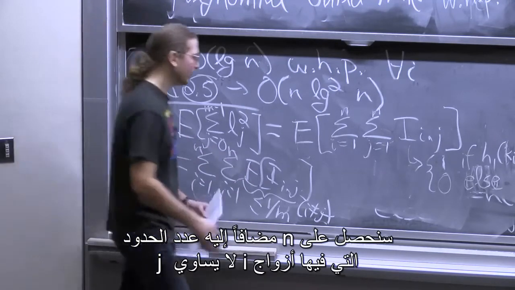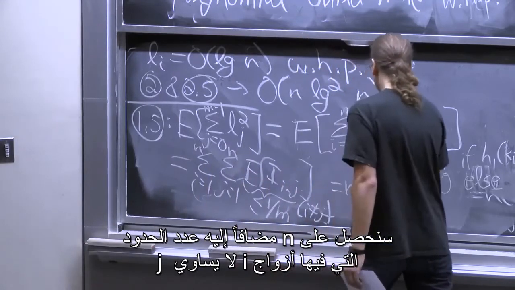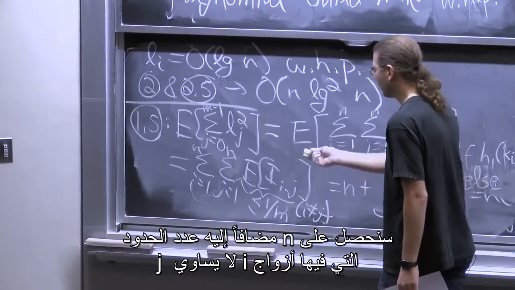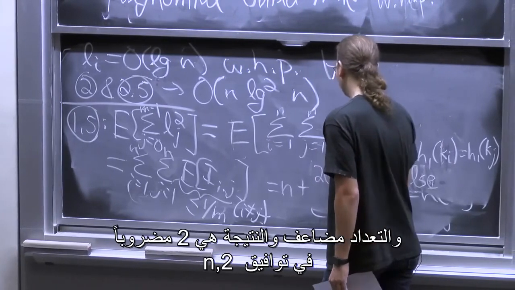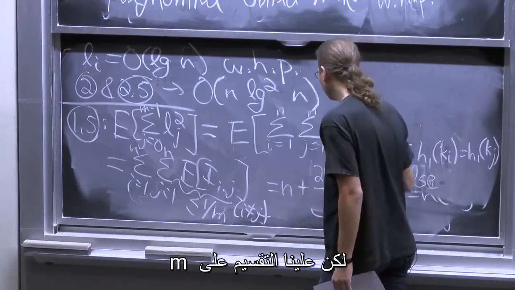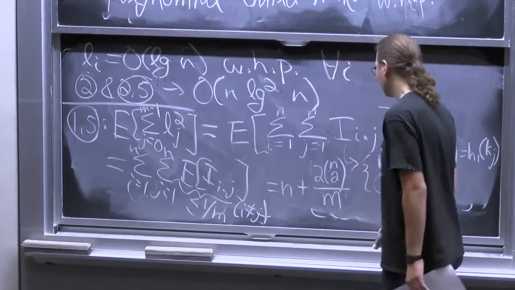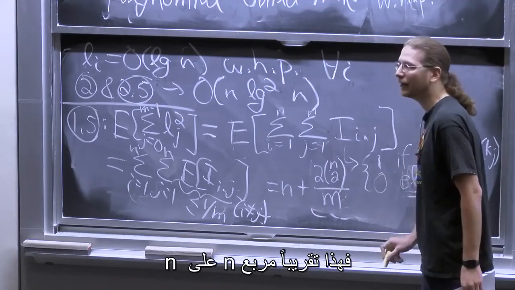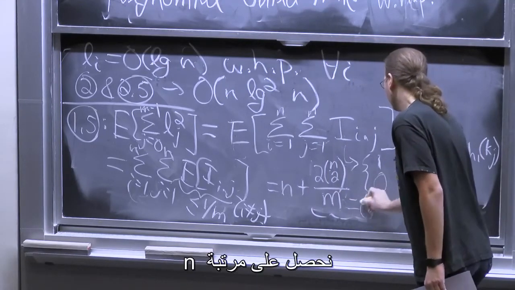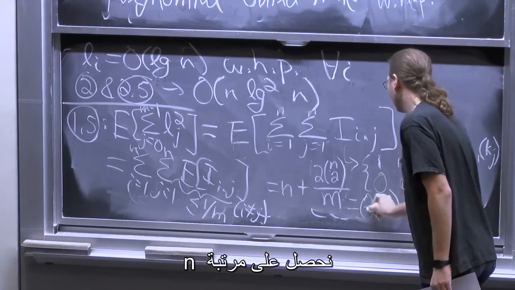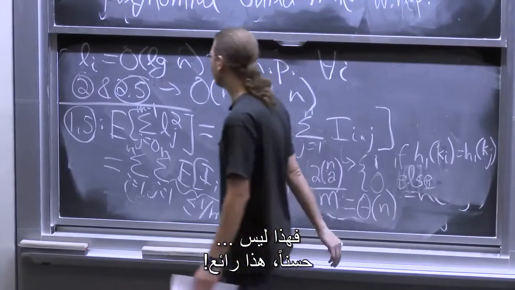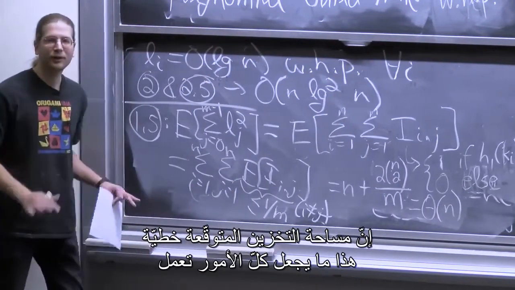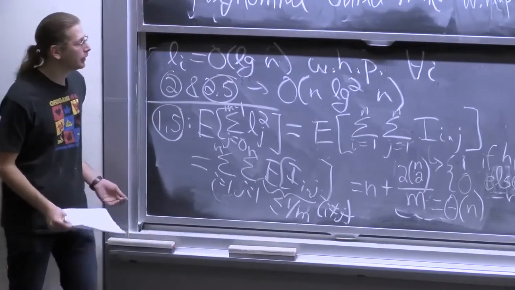So we're going to get n plus the number of i not equal to j pairs, double counted. So it's like 2 times n choose 2. But we get to divide by m, so this is like n squared over n. So we get order n. OK, that's cool. Expected space is linear. This is what makes everything work.